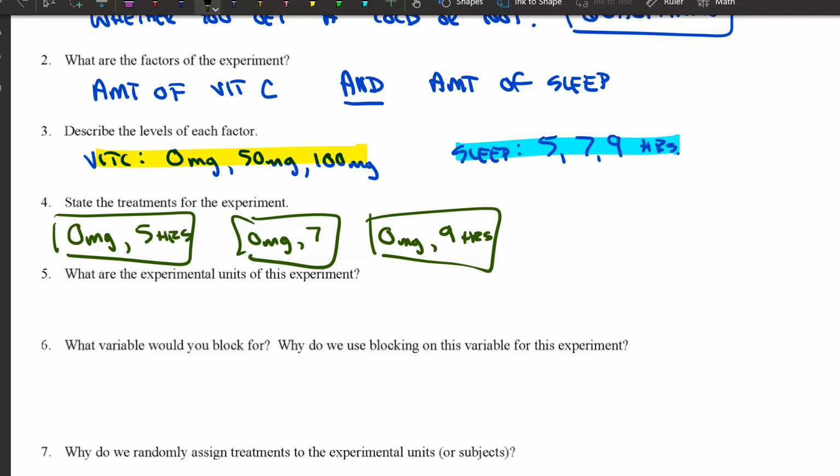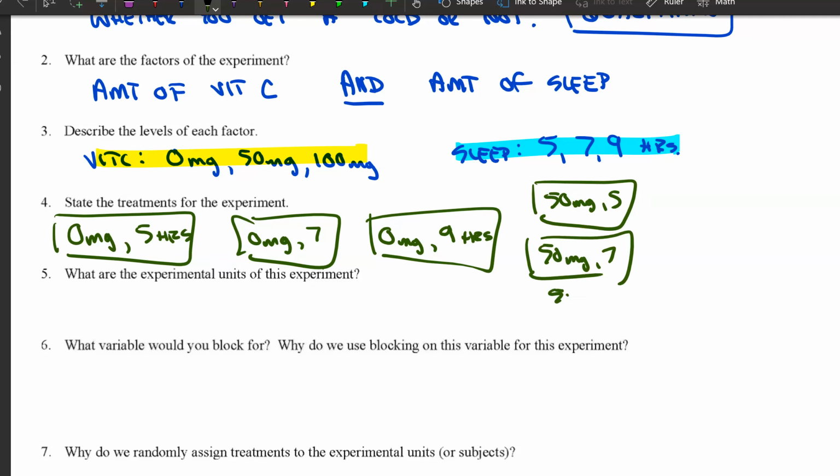Now same thing for 50, so 50 milligrams and 5, 50 milligrams and 7, 50 milligrams and 9, and the last 3 combinations, 100 milligrams and 5, 100 milligrams and 7, 100 milligrams and 9.